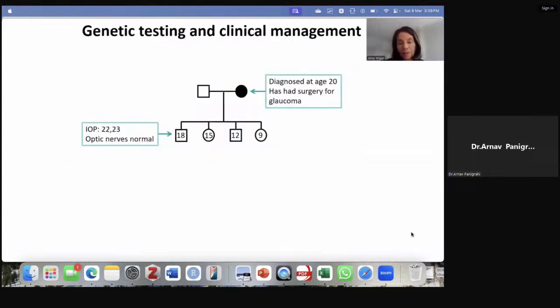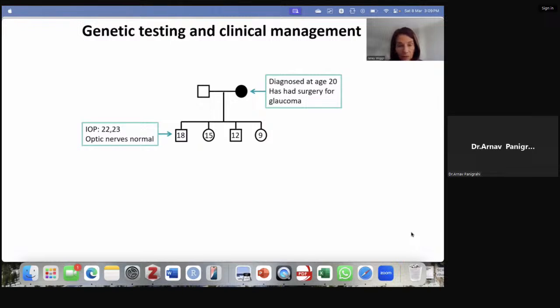So in families where there's early onset glaucoma, it's important to consider that there's a genetic cause. For example, in this family, the mother was diagnosed at age 20 and she had had surgery for glaucoma.